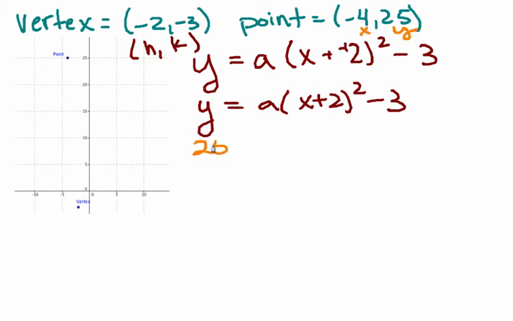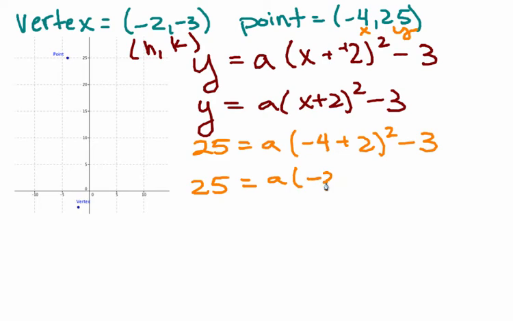So y is 25, a is the unknown, and -4 is x: 25 equals a times (-4 plus 2) squared minus 3. 25 equals a times -2 squared, because -4 plus 2 is -2. -2 squared is positive 4, so we have 25 equals 4a minus 3.